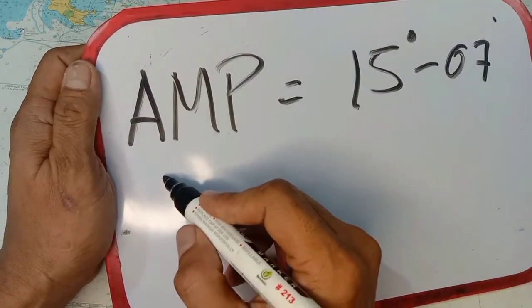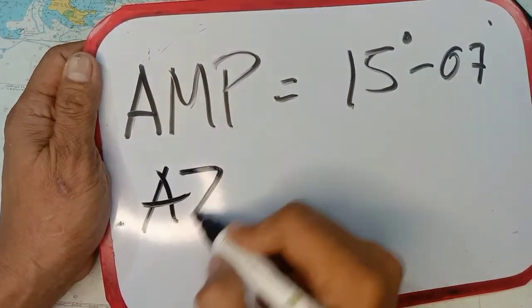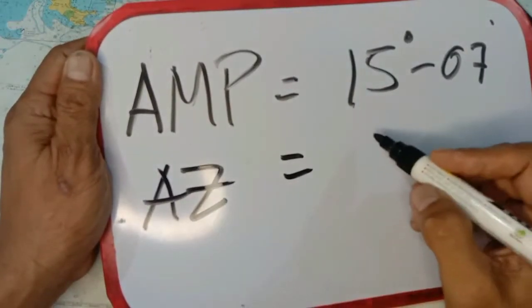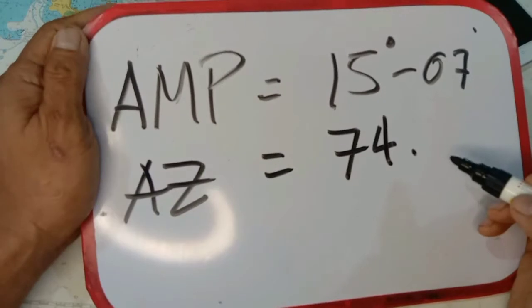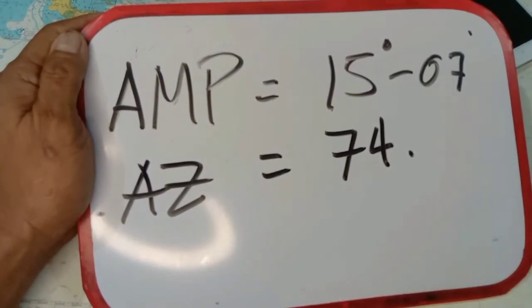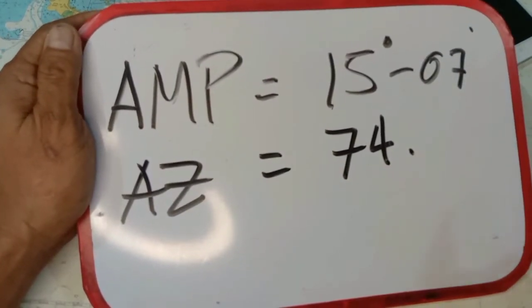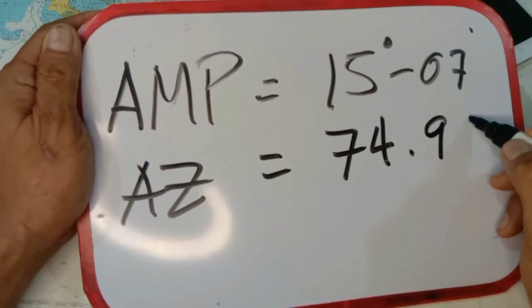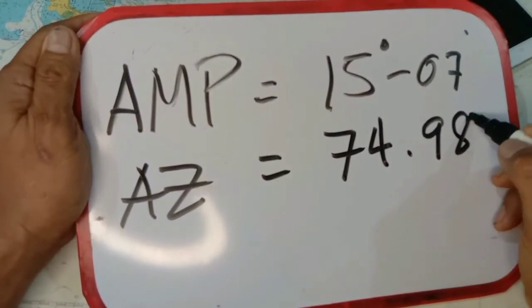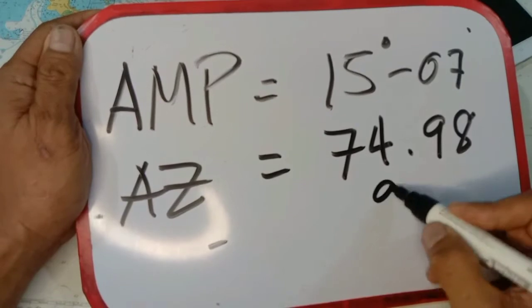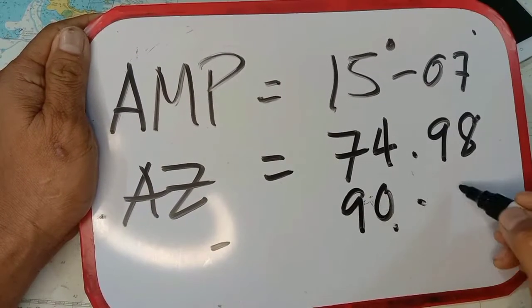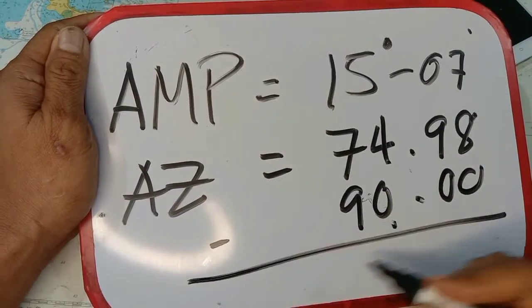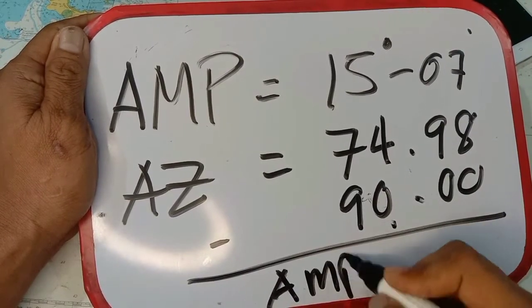So the azimuth of the sun is 74.98. So minus 90 is equal to amplitude.